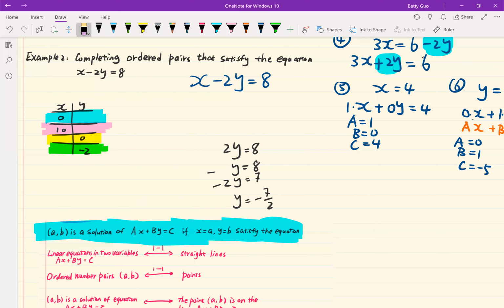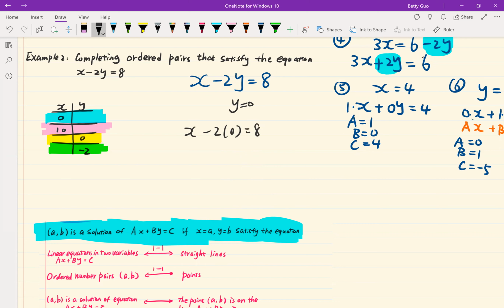It's true for y as well. If you give y any value, for example, you let y be 0, you can always solve for the corresponding x, and you would have an ordered number pair. That ordered number pair is a solution of the equation. If you let y be 0, you have x minus 2 times 0.